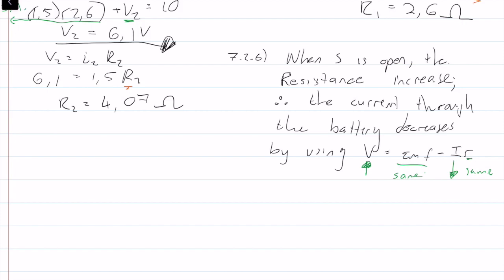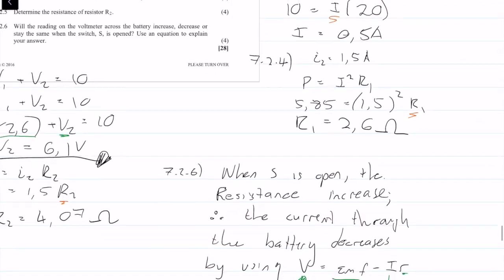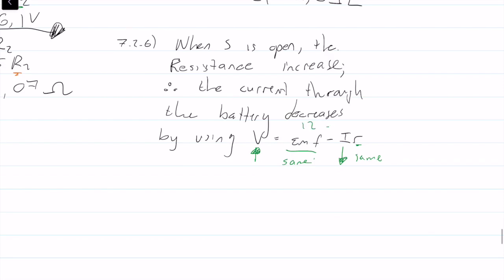Say the EMF was 12, so initially it was 12 minus 10, but now the current's gone down, so the new one is something like 12 minus 8. So initially we had 2, and now we have 4, if we just put a scenario to it. But let's take that out. So we can say therefore V will increase.